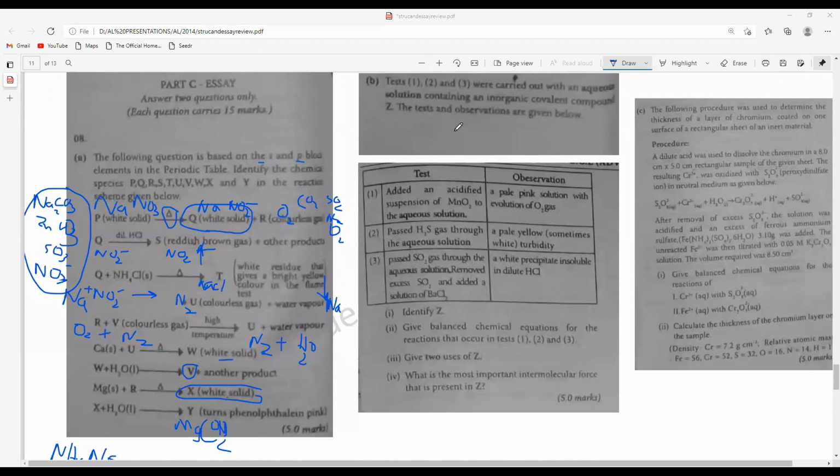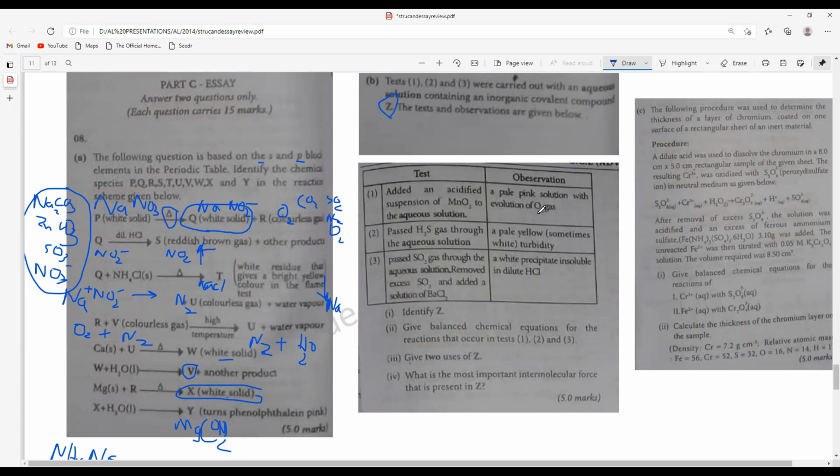So we have three solutions, that is, this test work done for the solution Z, and we will see what the observations are, and based on the observations we have to identify what reactions are happening. So Z is added to an acidified suspension of MnO2 to give an aqueous solution. Okay, so basically a pale pink solution with evolution of gas.